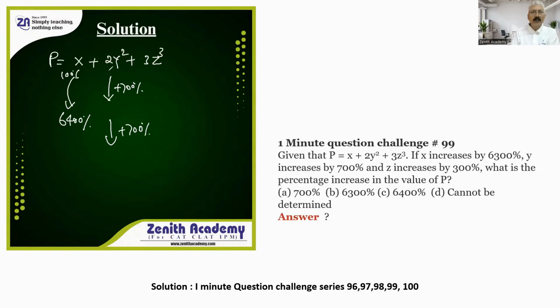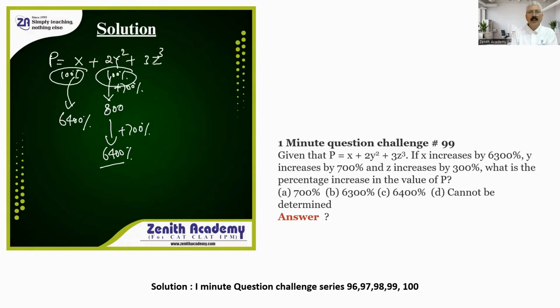So initially if the value is 100%, then with 700%, 100 plus 700, the new base value will be 800. 700% of 800 is 5600. So 800 plus 5600 becomes 6400, which is 6400% of the initial value.